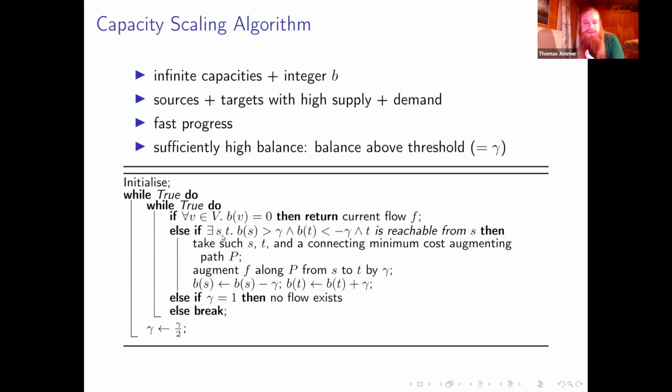And if there are no such sources and no such targets remaining, then the gamma value needs to be halved. That's the idea of scaling. So we have this threshold that determines whether a part of the problem is interesting. And if it is worthy of being treated now, then we send lots of flow from that source to the target, which means we treat this part of the problem. And by that, we make much faster progress.